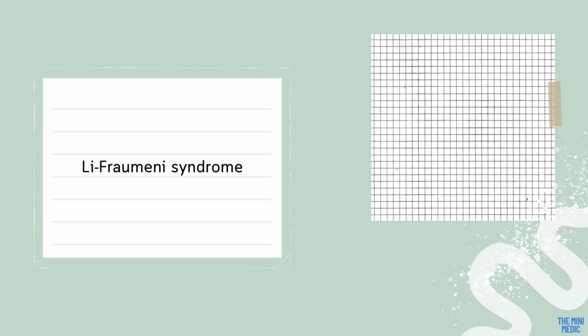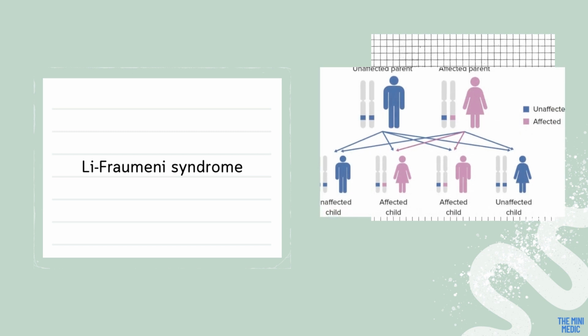The condition is actually autosomal dominant, meaning that having only one copy of the mutant gene can lead to the development of Li-Fraumeni and will, without exception, predispose the individual to developing cancer.